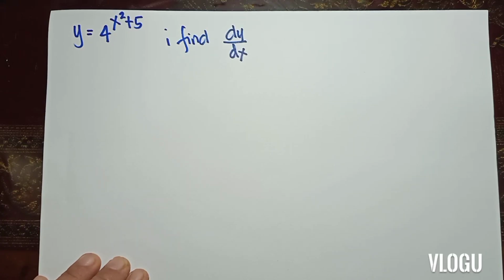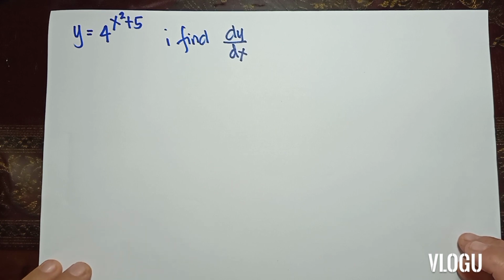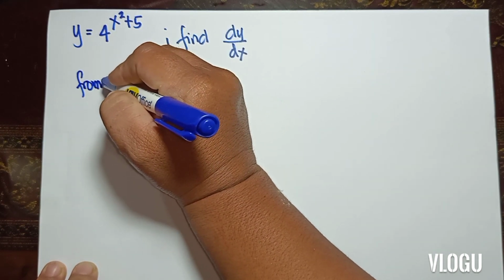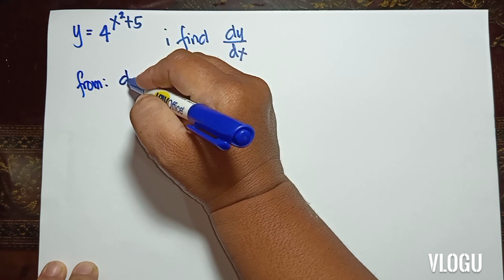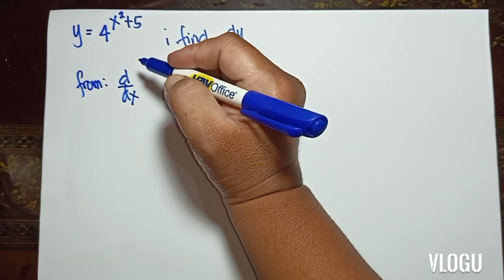The next example is y is equal to 4 to the x squared plus 5. We are going to find dy dx here. If you look at here, 4 is a constant, so that is a constant raised to a variable. Therefore, from the formula, d dx of what formula?